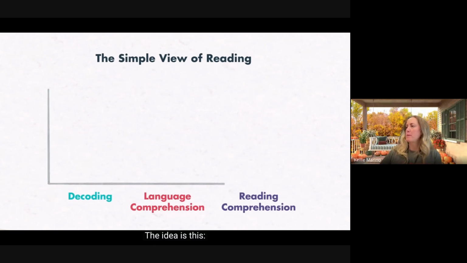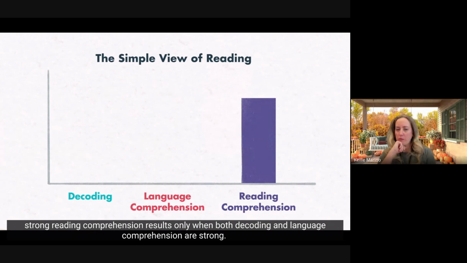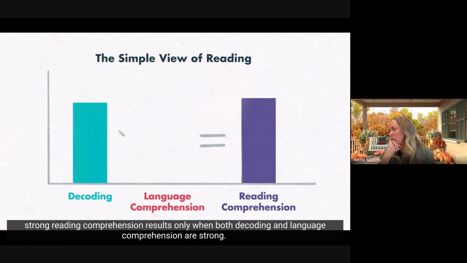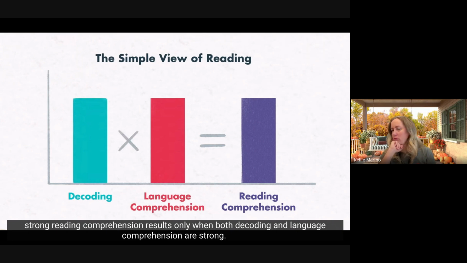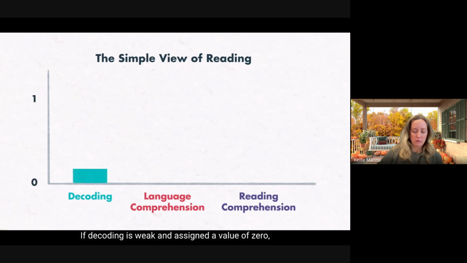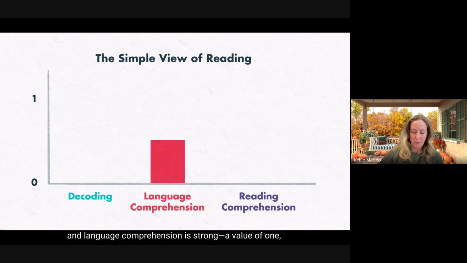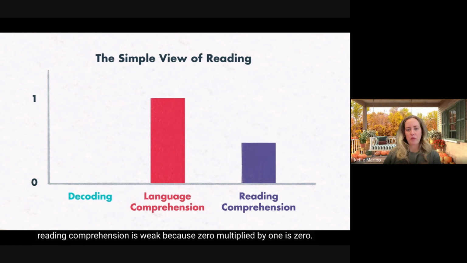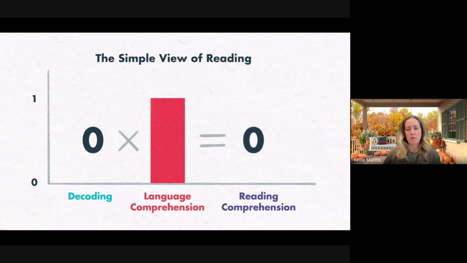The idea is this: strong reading comprehension results only when both decoding and language comprehension are strong. To illustrate this idea, let's assign values of 0 for weak and 1 for strong. If decoding is weak and assigned a value of 0, and language comprehension is strong, a value of 1, reading comprehension is weak because 0 multiplied by 1 is 0.